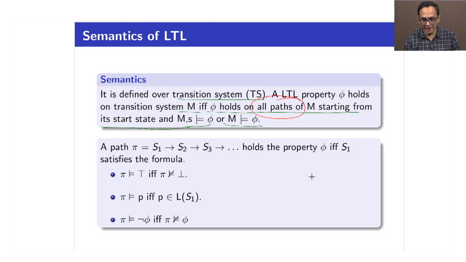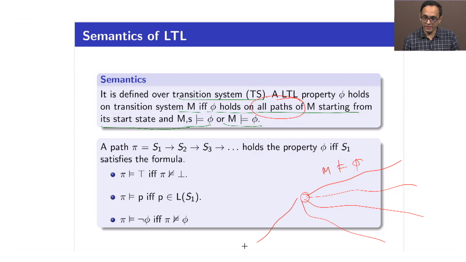When I say M satisfies the formula phi, it means I have the start state, and there will be many paths from this. In all paths phi should hold, and only then will I say M satisfies phi. So, either I will write M, S satisfies phi or simply M satisfies phi. This is very important to note, right.